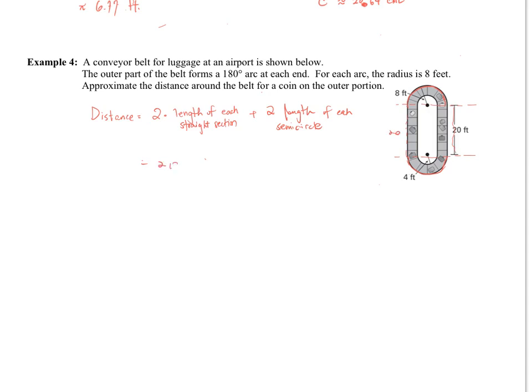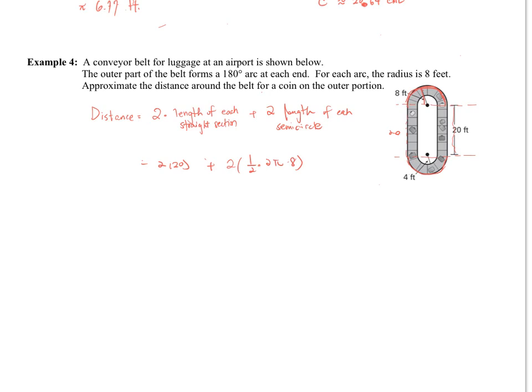Twice 20 plus twice, so this is half a circle, half times 2 pi, the radius is 8.